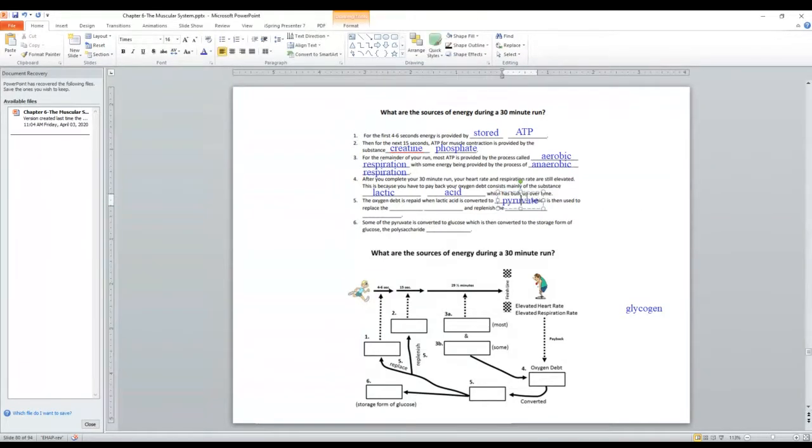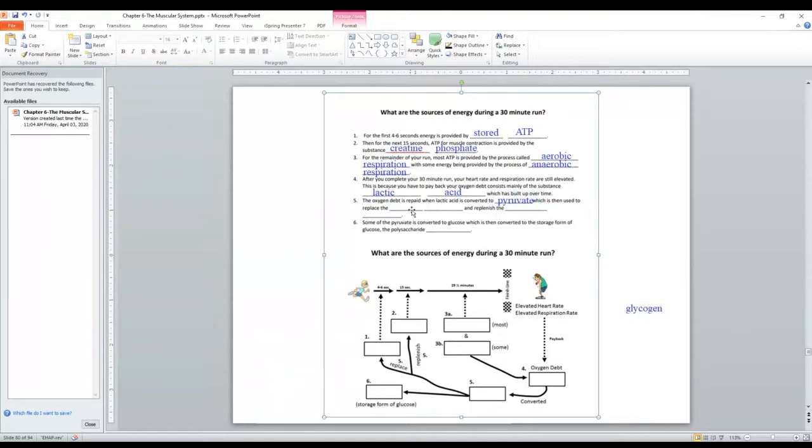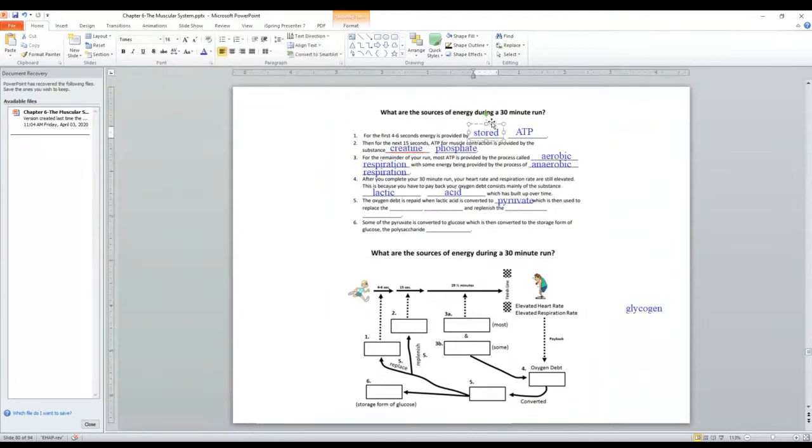And no, it doesn't fit. Which is then used to replace the stored ATP that you used up initially.